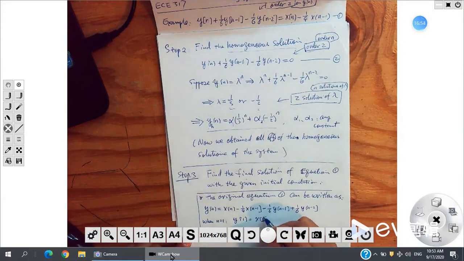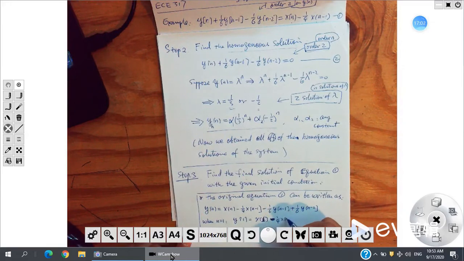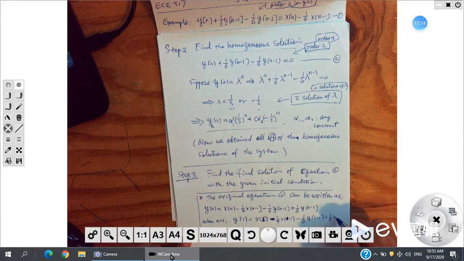Okay, when n equal to 1, that is y of 1 equal to x of 1 minus 1/4 x of n minus 1, and n minus 1 is 0, right? And minus 1/6 y of 1 minus 1, and plus 1/6 y of 1 minus 2, right? Apply n equal to 1 here.